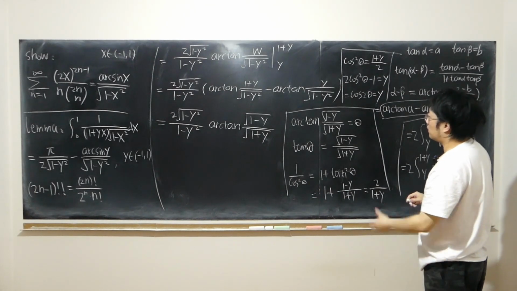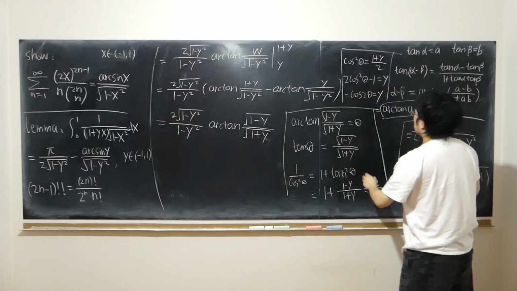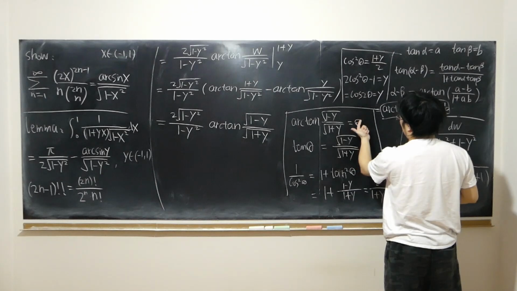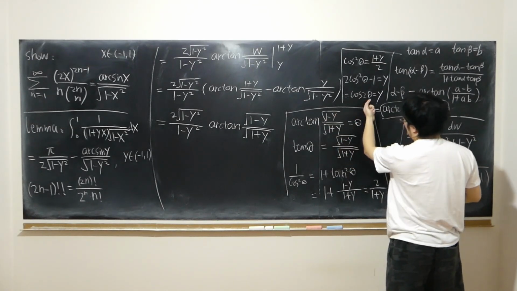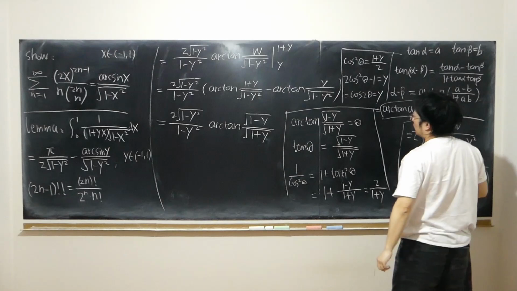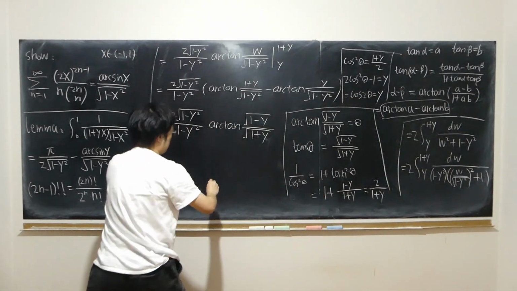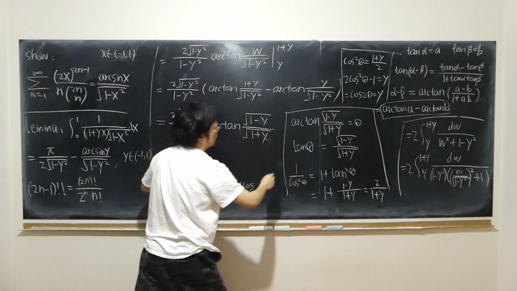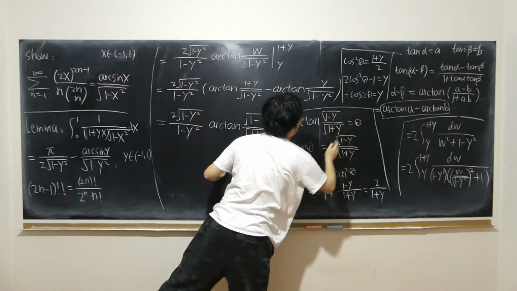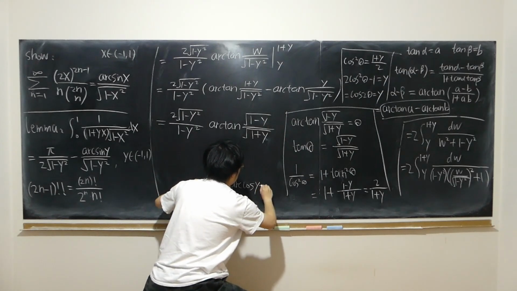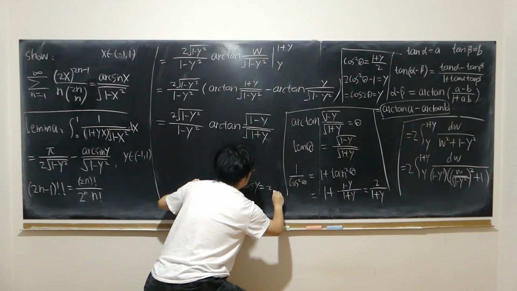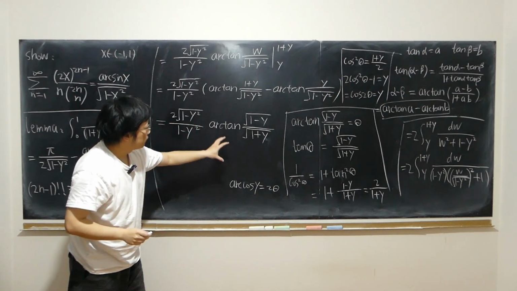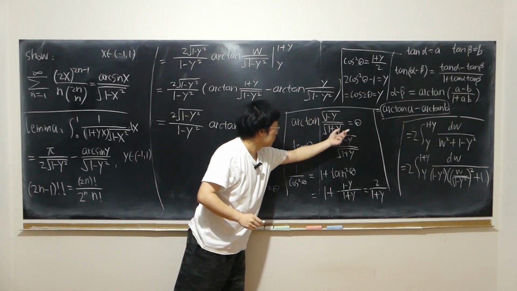Right, which means theta is equal to arctangent of this thing. Then arccosine of y is equal to the angle 2 theta. Again, theta is, like I said, I let this equal to theta.